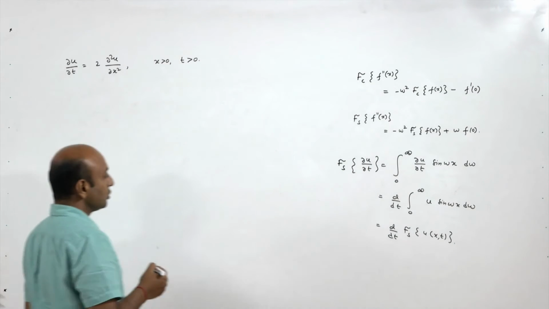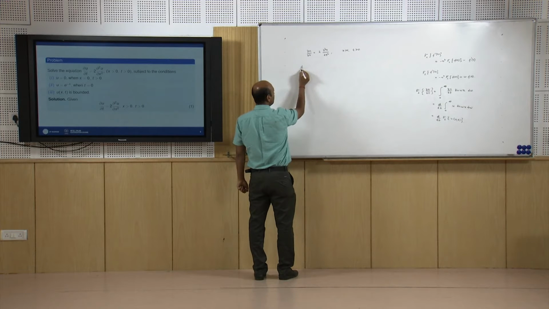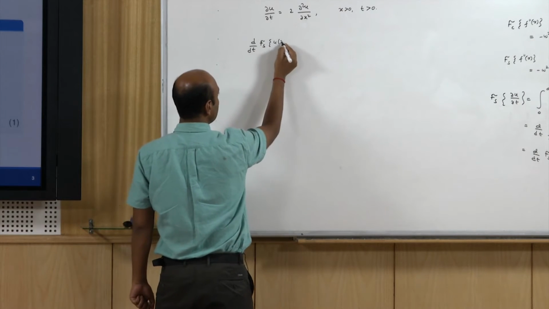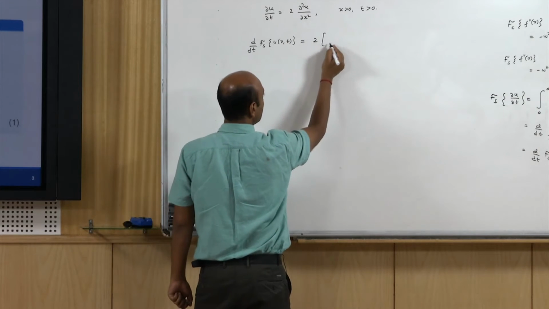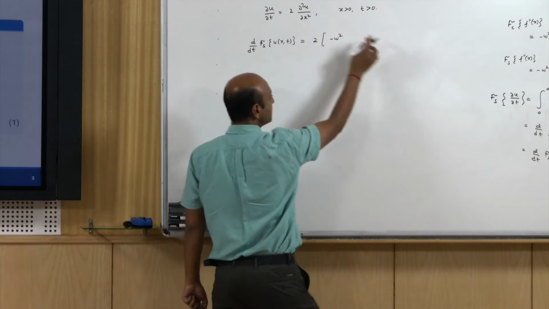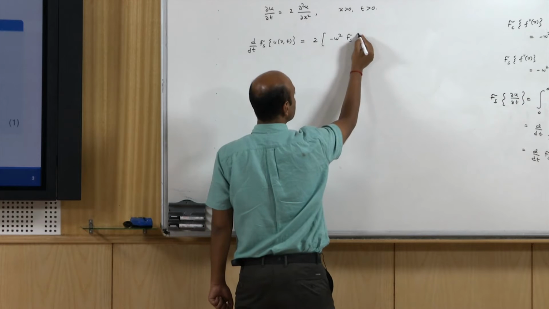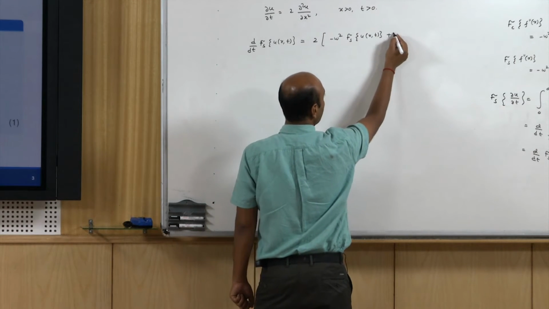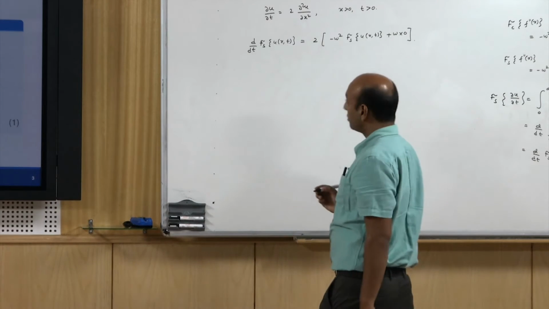Okay. So, now when you take the Fourier sine transform on both sides, it will be nothing but d by dt of the Fourier sine transform of u(x,t), which is equal to 2 times minus omega square. Apply this result: the Fourier sine transform of u(x,t) plus omega into 0, because u is 0 when x is 0.